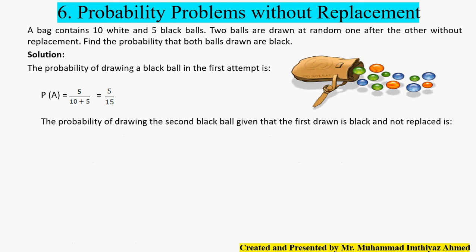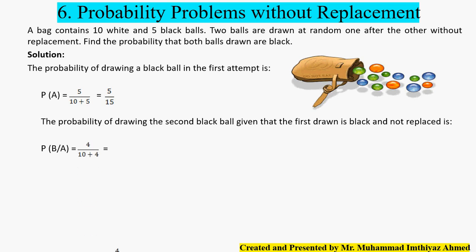Now, in the second attempt, the probability of drawing the second black ball, given that the first drawn is black and not replaced. When you don't replace, after taking one ball, out of 5 there will be only 4 black balls, and the total also reduces from 15 to 14, as probability B shown below.